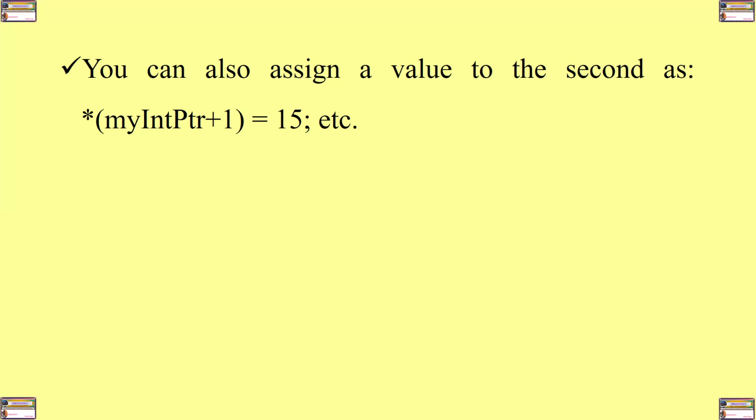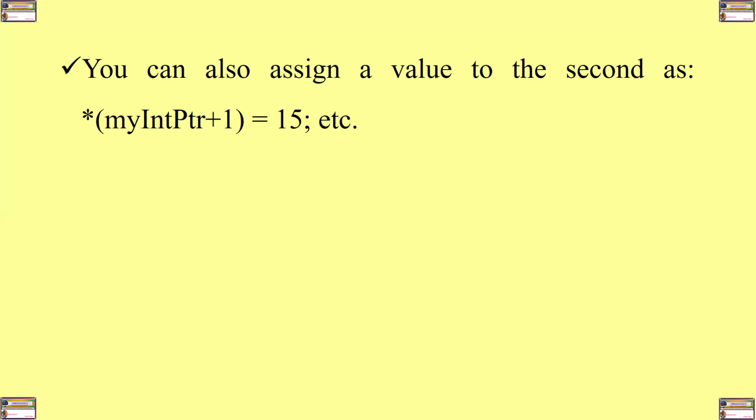And then we are assigning value 15 to the second element. This is because once you increment the pointer, once you increment the current element with 1, of course, it means you are going to move on to the next element.